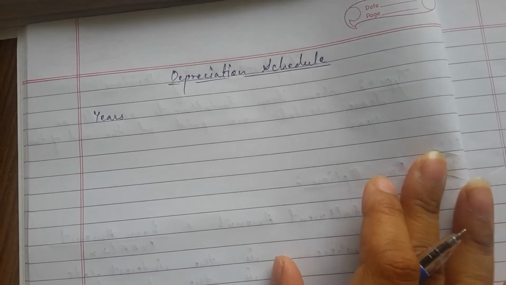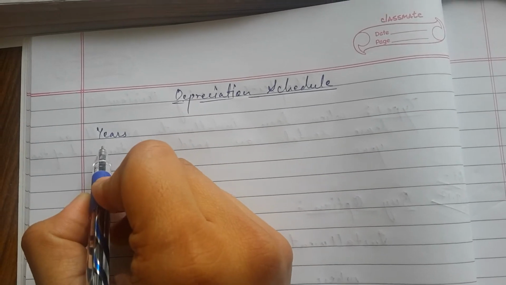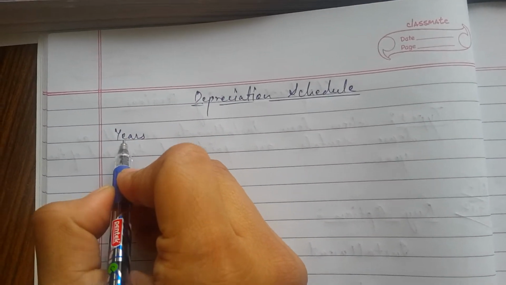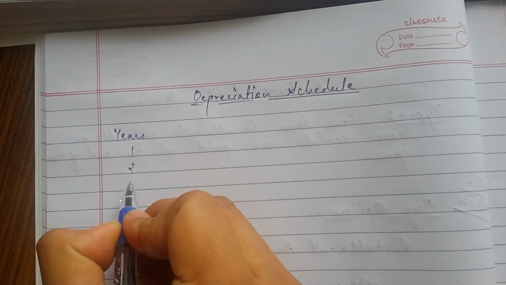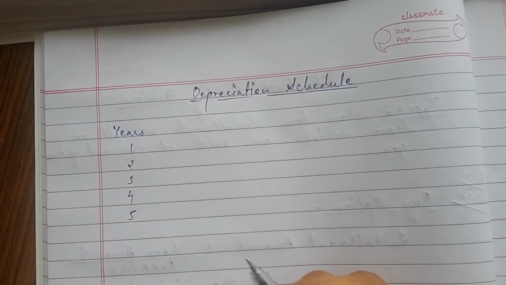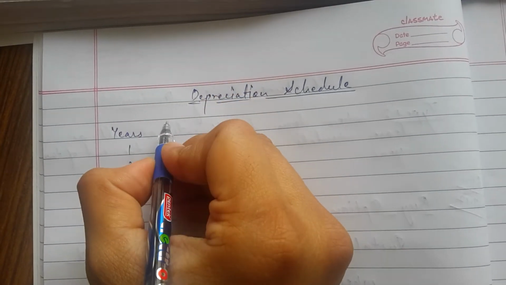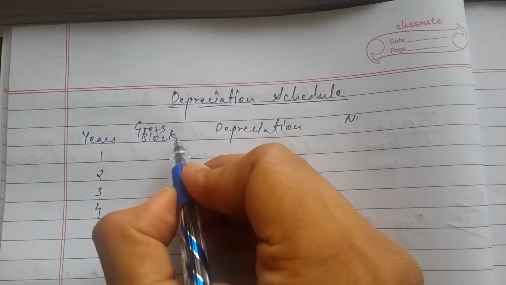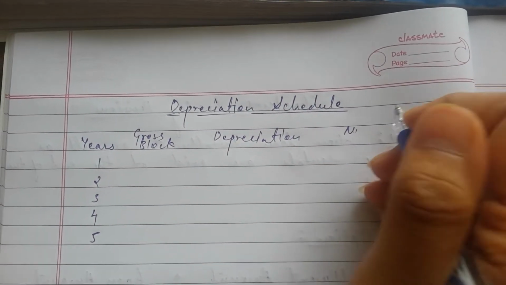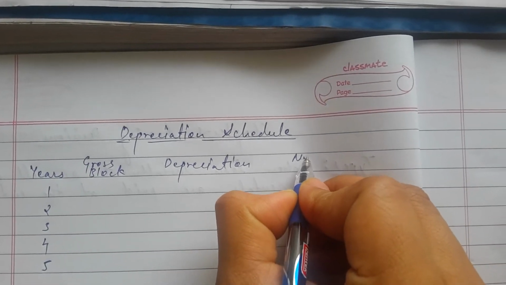I'll be telling you a simple method to compute the depreciation. Make the columns: years, which here are 1, 2, 3, 4, 5; then the gross block, then the depreciation, and the fourth column is the net block.